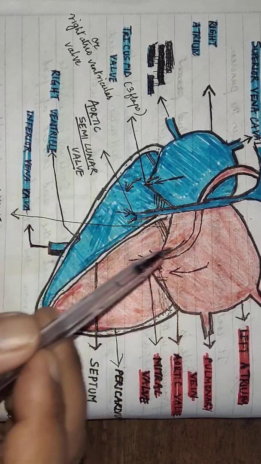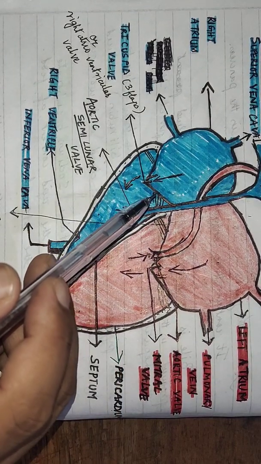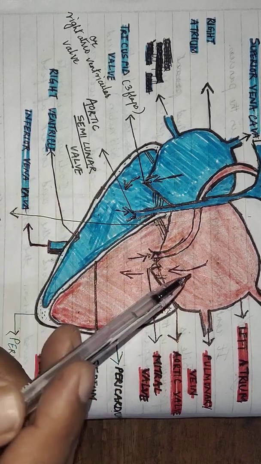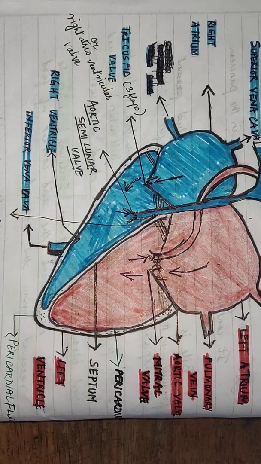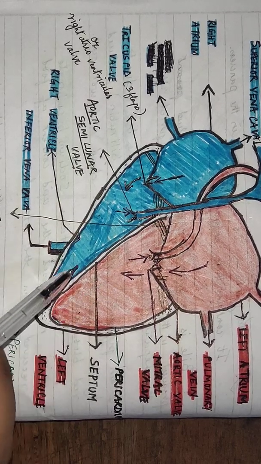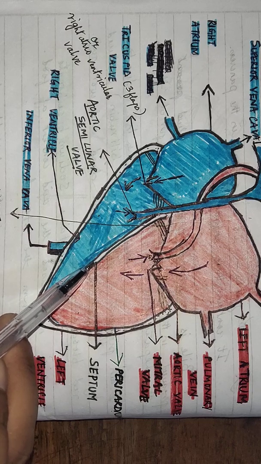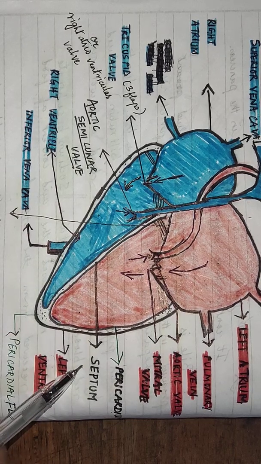So we come to know that the heart has 4 chambers, divided by an important layer known as the septum.